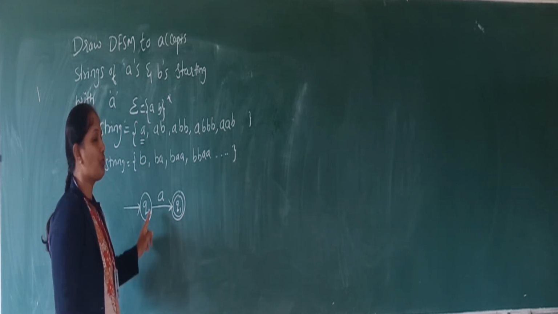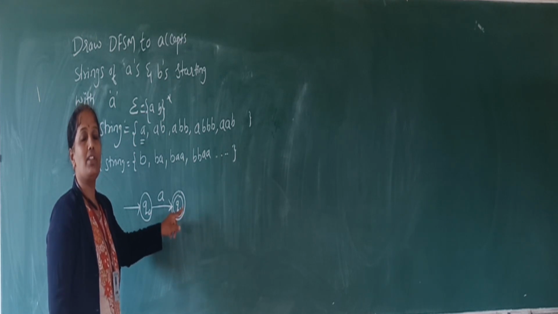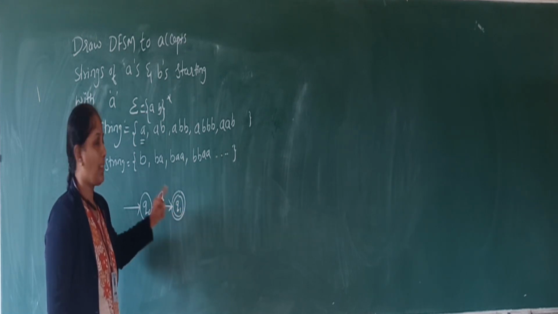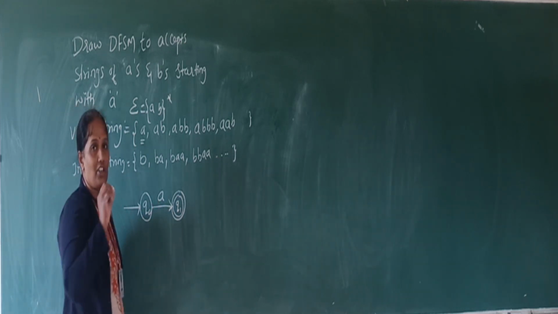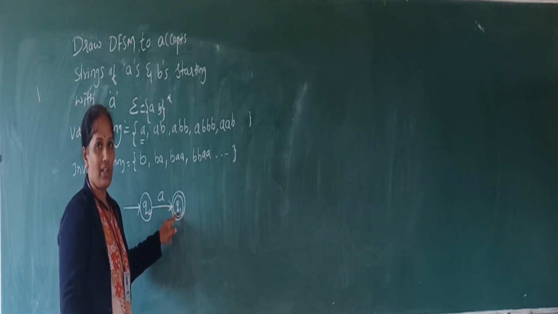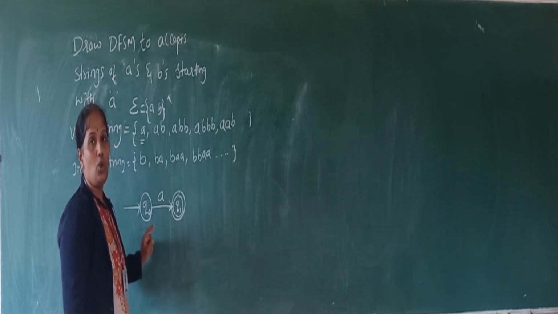From Q0 you should show the A and B transitions, and from Q1 you should show the A and B transitions. It's compulsory. The transition can be a forward transition, a backward transition, or you can take a loop here.